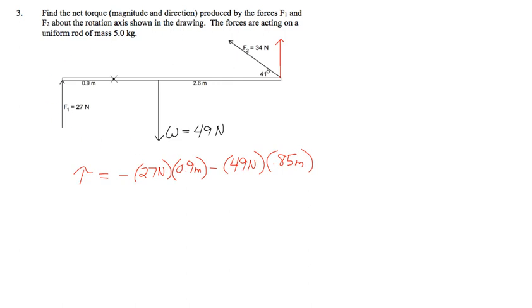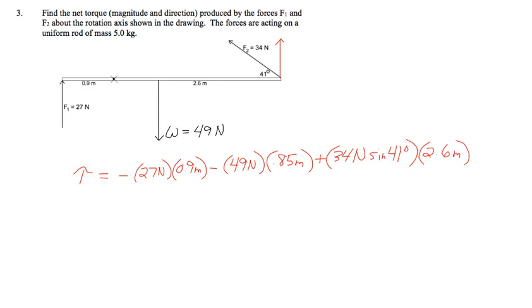Counterclockwise, so this is the only one on here that is plus. It's going to be 34 newtons, because that's the full vector, times either the sine or the cosine, depending on what side is my perpendicular component. What will I use? Sine. So it's going to be the sine of 41 degrees times the distance, which is 2.6 meters.